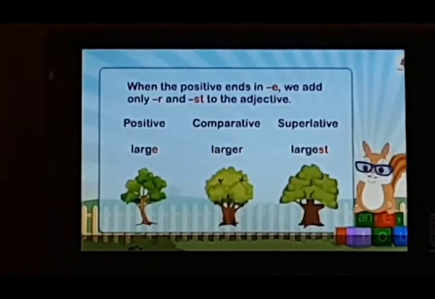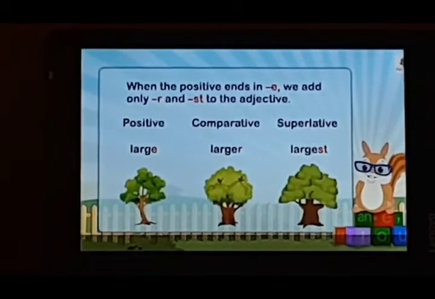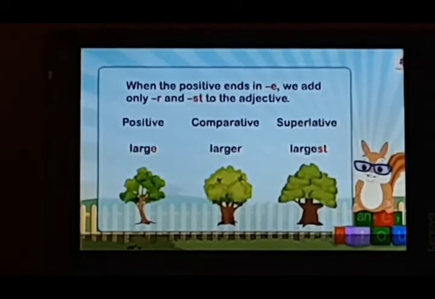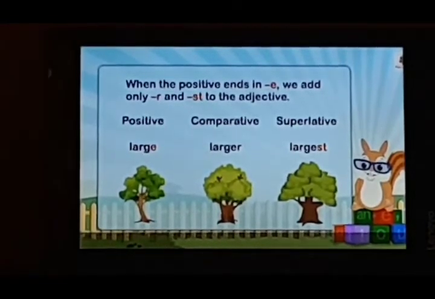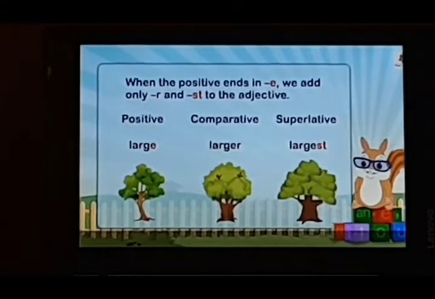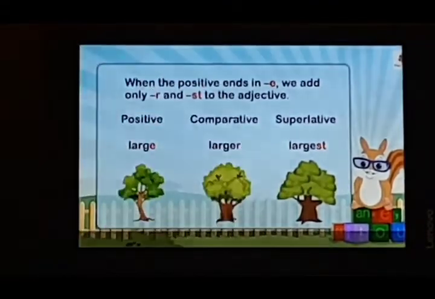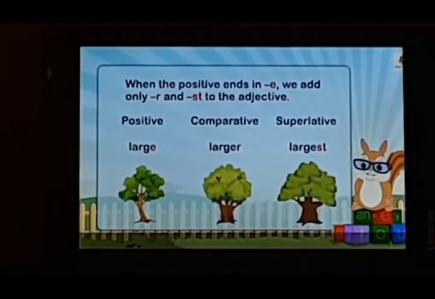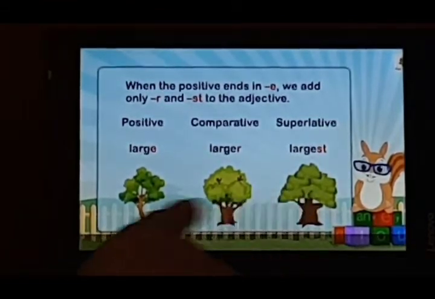See the word large. It ends with E. So for positive degree we have large, for comparative degree we have larger, and for superlative degree we have largest. So this word changes with ER or EST, and no second E is used there.